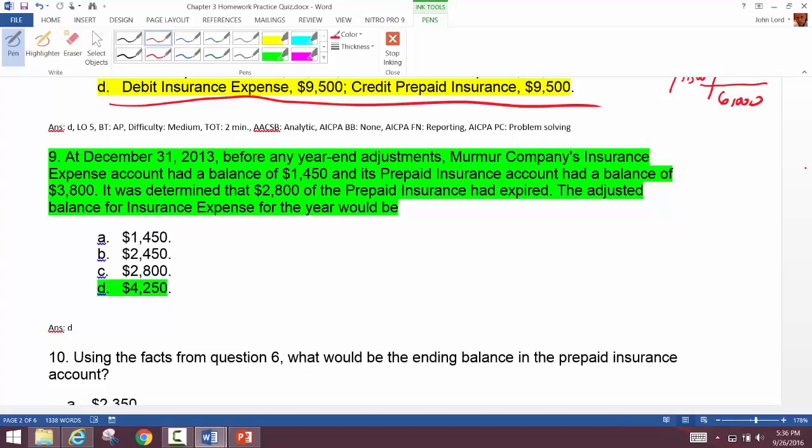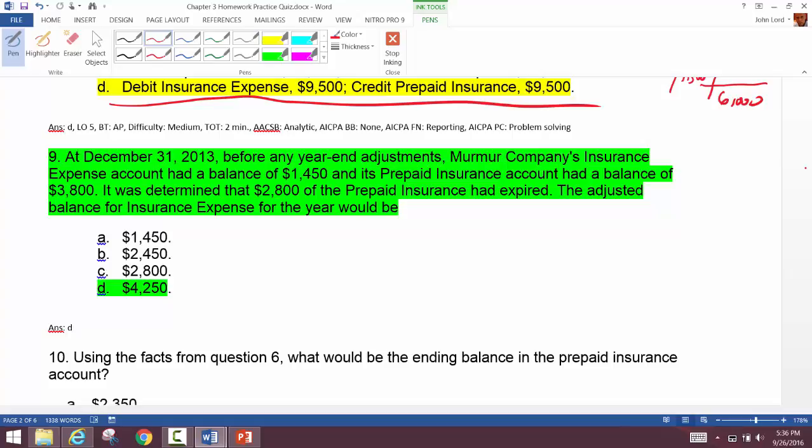Okay? All right. So you come over and you take a look at this one, and we say December 31st, 2013, before year-end adjustments, Murmur Company's insurance expense account had a balance of $1,450, and its prepaid insurance account had a balance of $3,800.